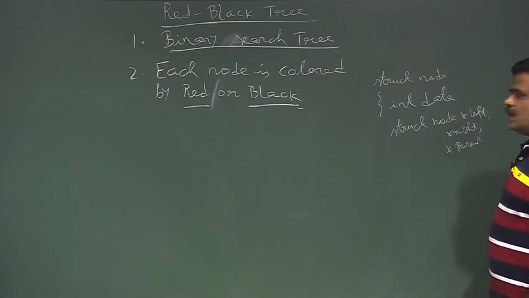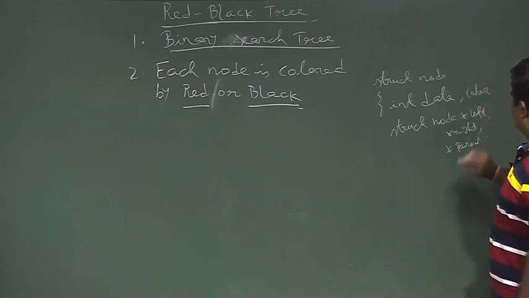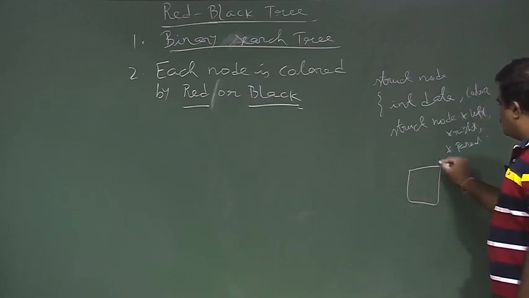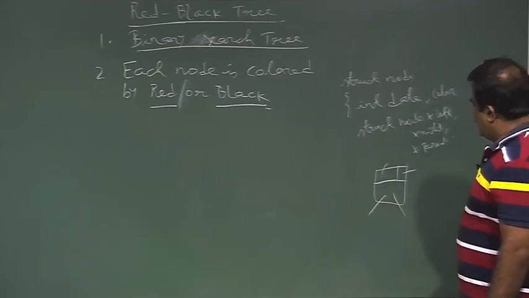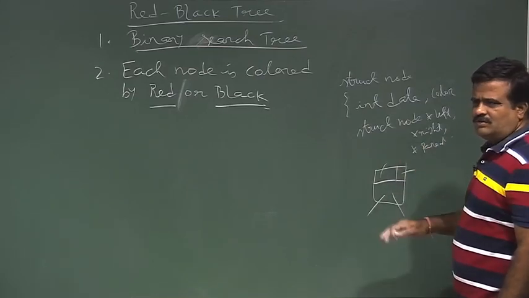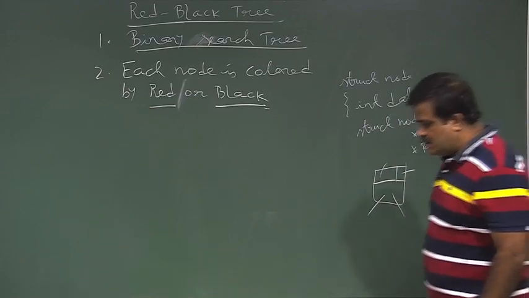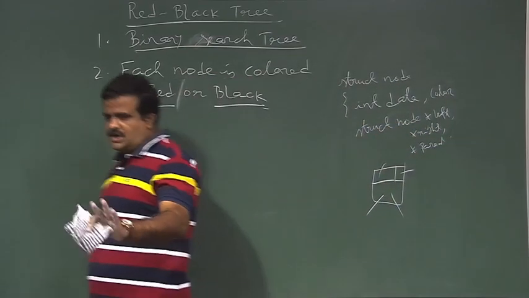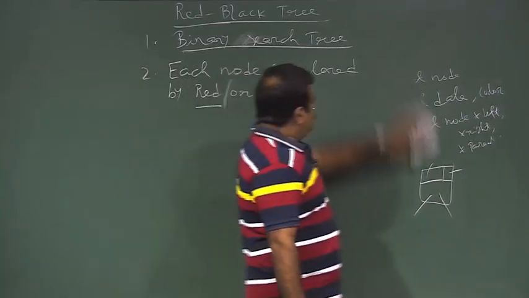Now we also have a color bit. We use one bit as the color; if it is 1 we can use red, that is a convention we can fix ourselves. But each node has to be colored either red or black. So, this is one property.